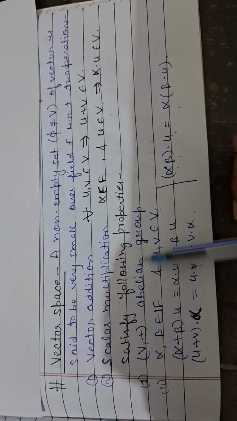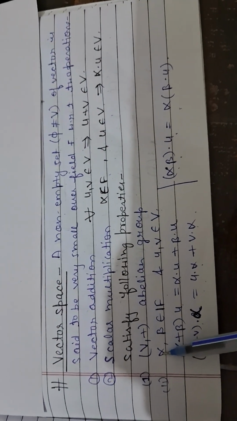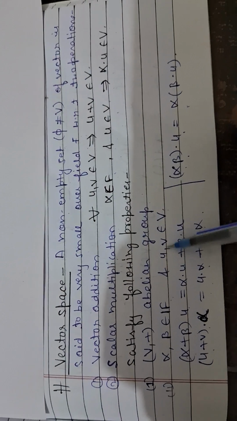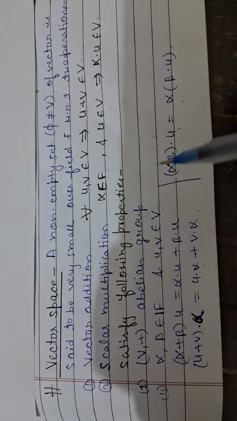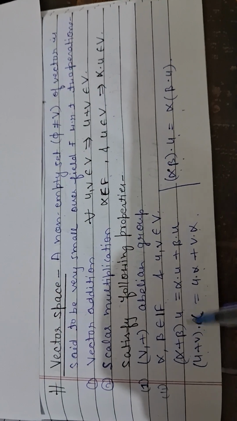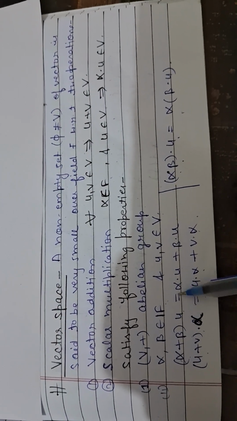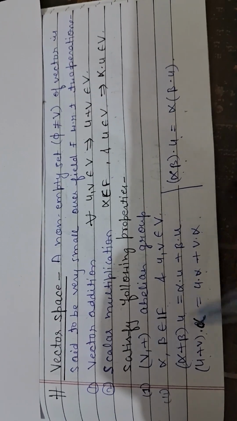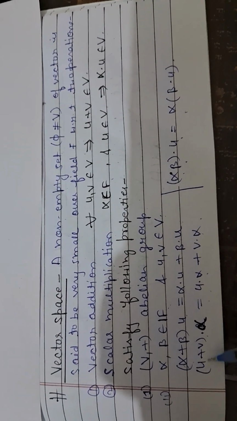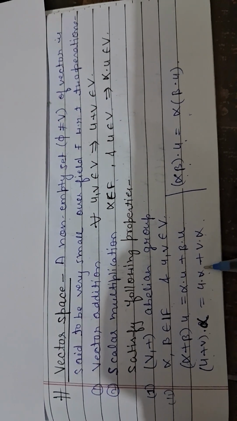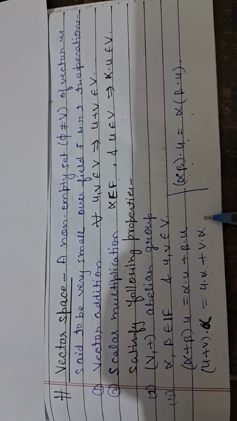(V, +) is an abelian group. Alpha, beta belong to F and u, v belong to V. Then (alpha plus beta) multiplied by u is equal to alpha dot u plus beta dot u, and alpha dot (u plus v) is equal to alpha dot u plus alpha dot v.